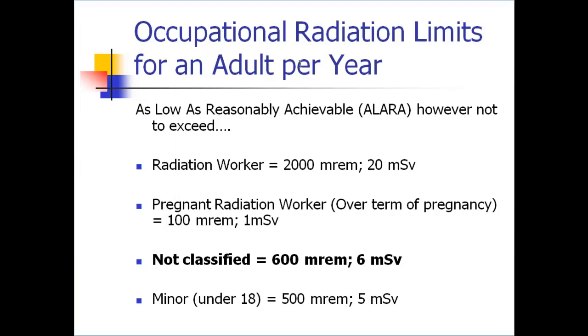So the occupational radiation limits for an adult per year also have to follow the principle of ALARA, and that is actually protecting us as operators. We as operators of the DXA are considered non-classified radiation workers, and we're allowed to be exposed to 6 millisieverts of radiation per year.